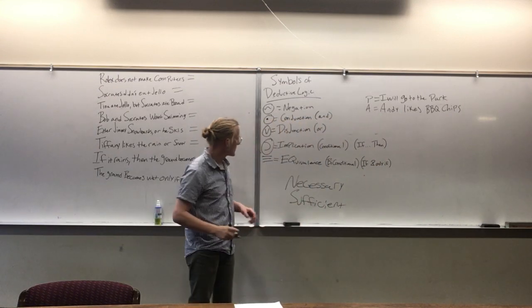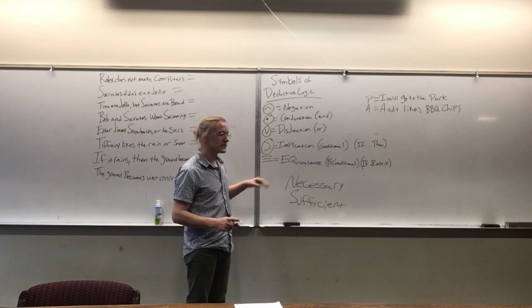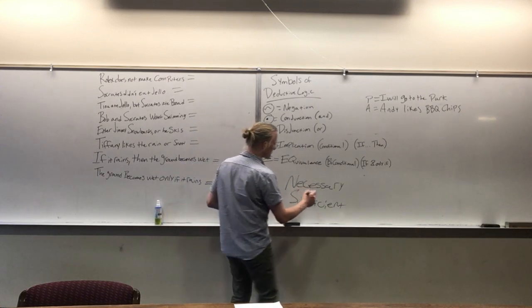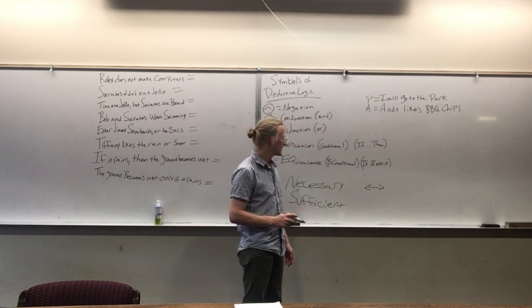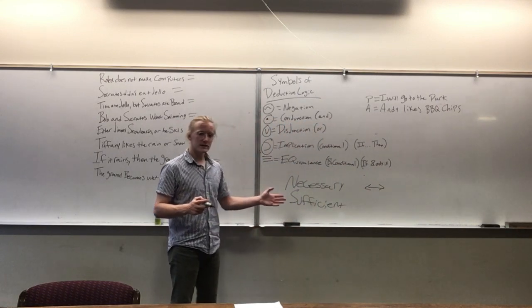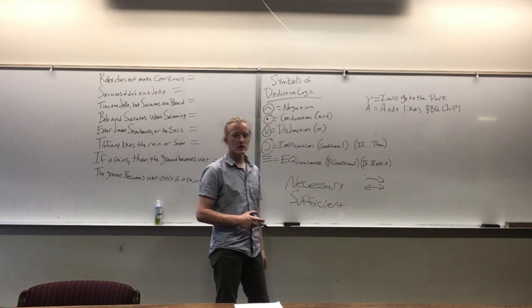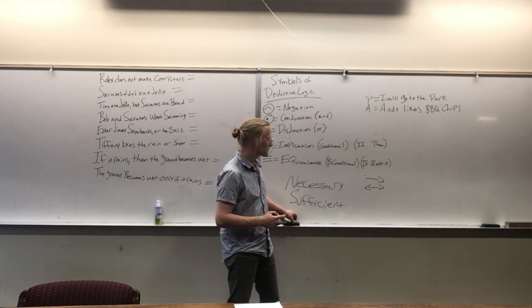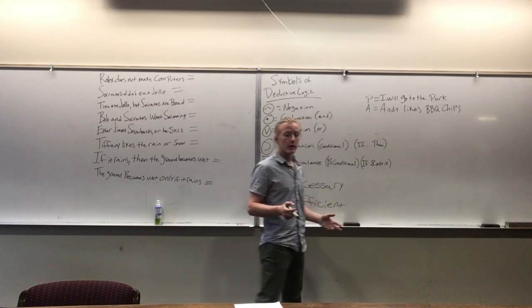implication, or our conditional. The last of our logical symbols is equivalence, which is an if and only if. Again, sometimes it's symbolized as the double arrow here. Now, the reason it's symbolized as a double arrow, because the first implication was an arrow, is that we get equivalence because the implication goes in both directions.